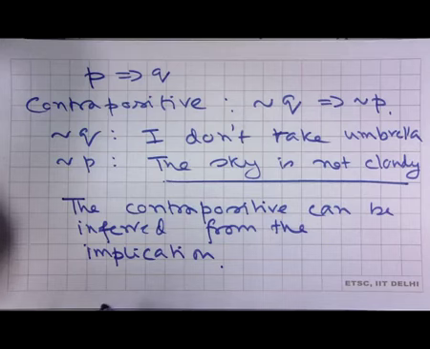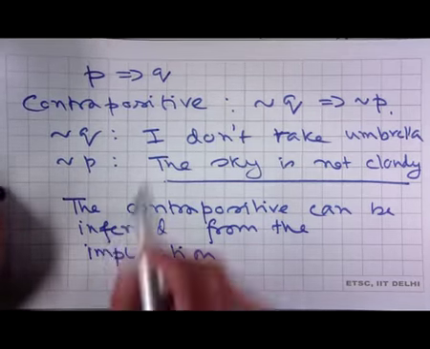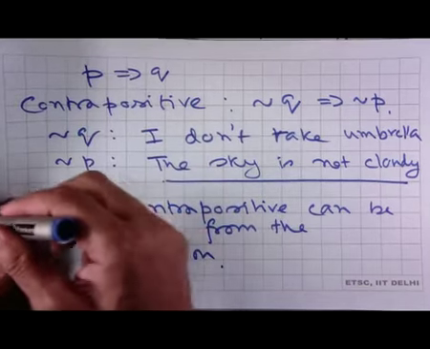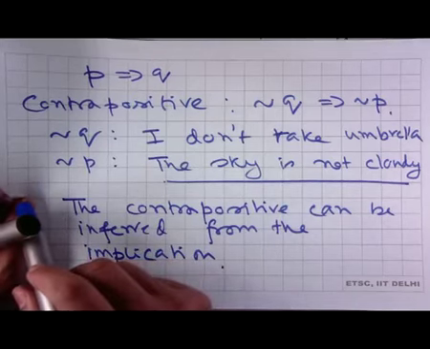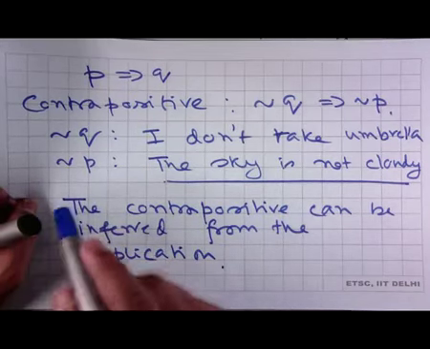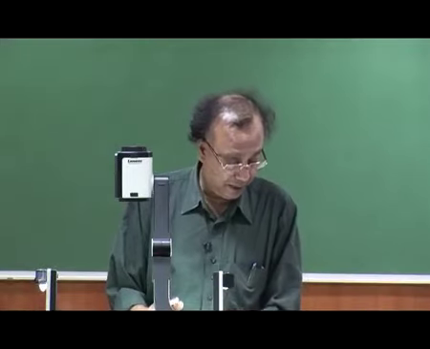So, this is a very interesting observation, that if P implies Q is true, then not Q implies not P, or negation of Q implies negation of P. Let me give you another example.